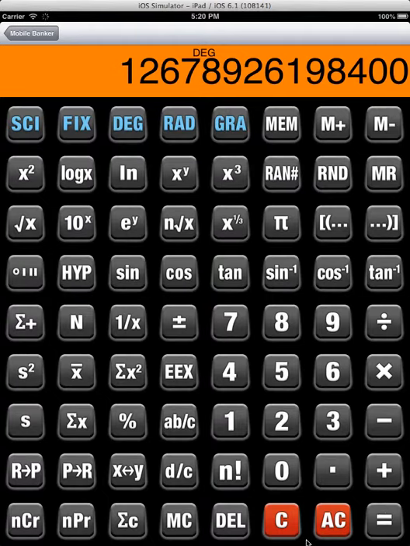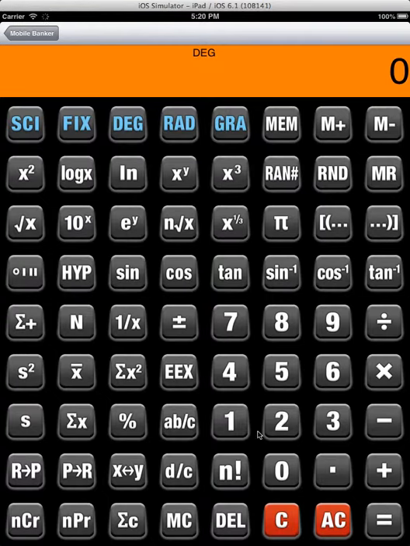And then say rectangular to polar, 45 and this, so x to y.